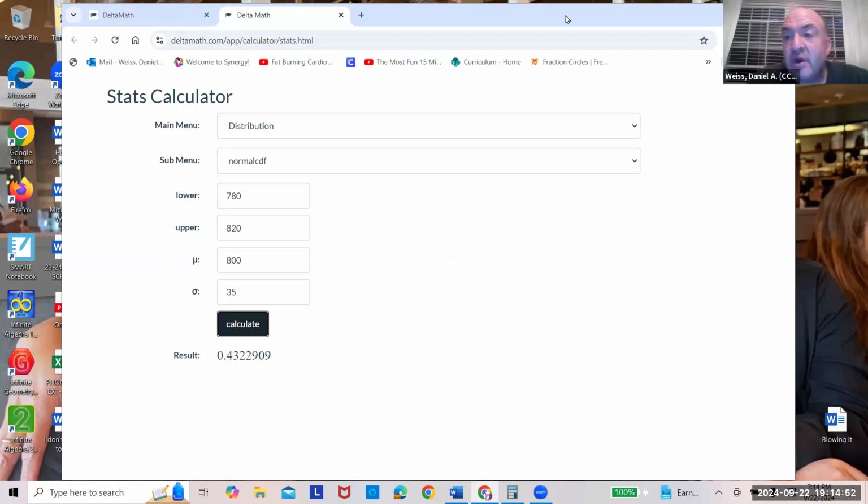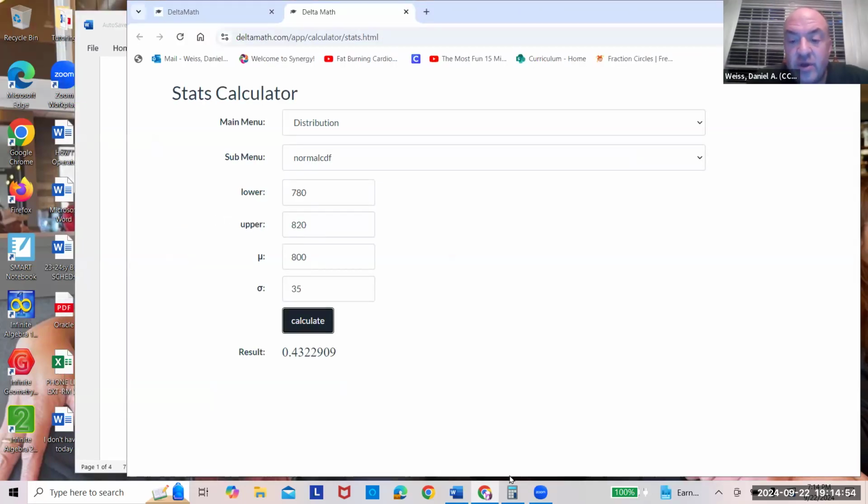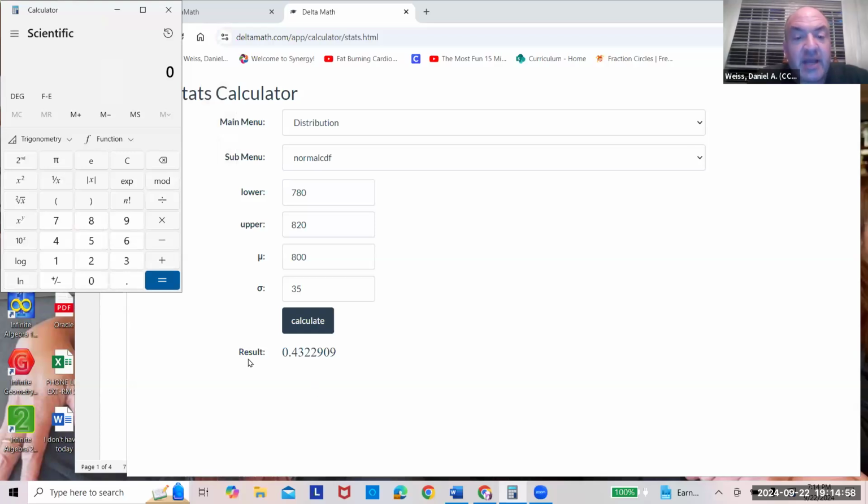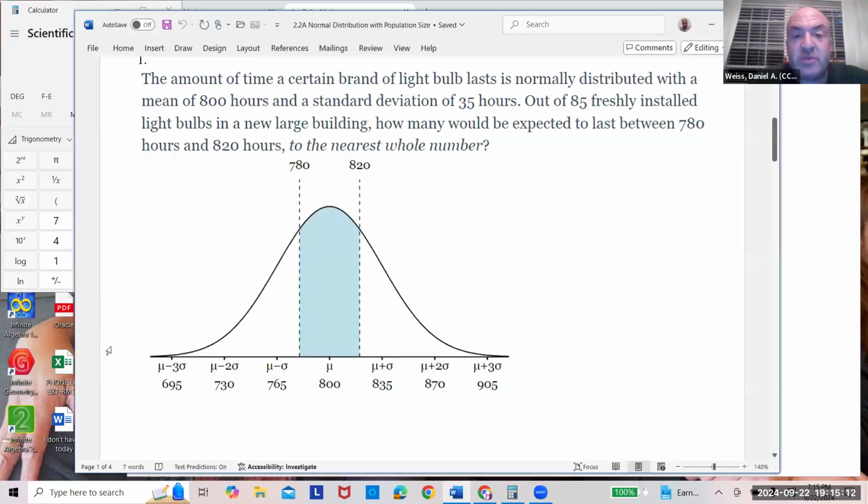0.4322909. So now what you do is you go to just a regular calculator and you're going to put in 0.4322909 times what is the amount, all right? It says out of 85, okay? 85 freshly installed light bulbs, okay?